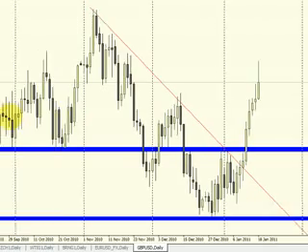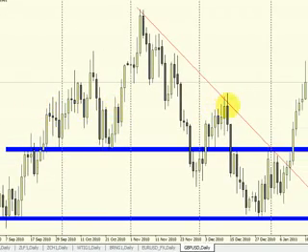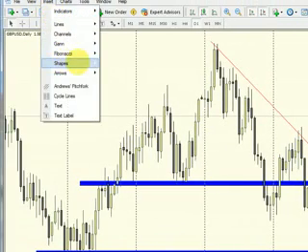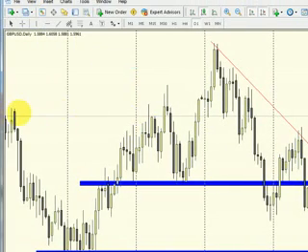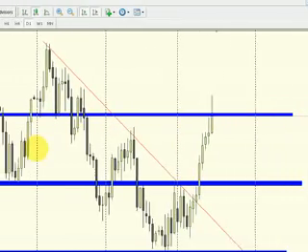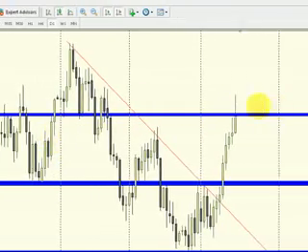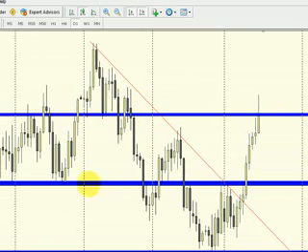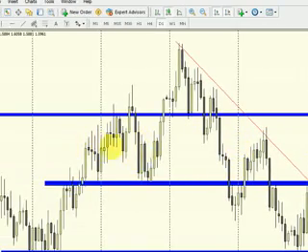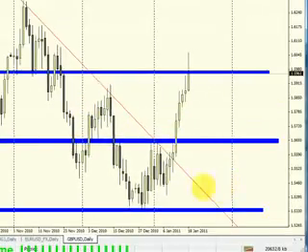Okay, we have an area there. These are areas in the history where the price has bounced off support and resistance. They become what we call pivot points, and they're likely to repeat themselves, which is why we're looking at it. There are some smaller ones around here, maybe around there as well, but we'll leave those for the moment.